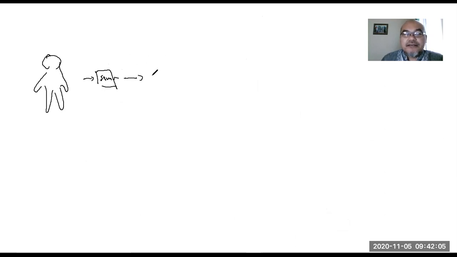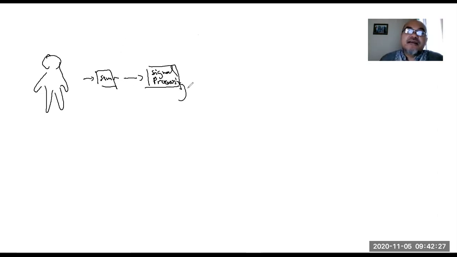Then there is signal processing involved. Usually signal processing can be in the form of analog or digital. We will discuss this more in next week's session.